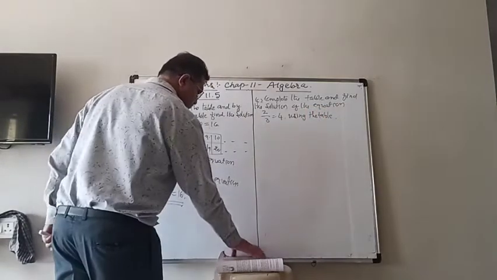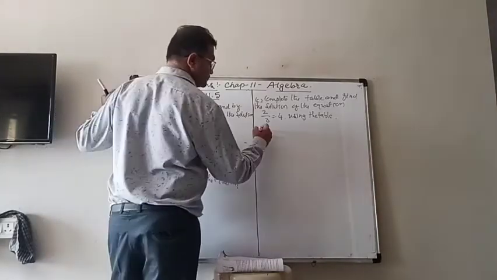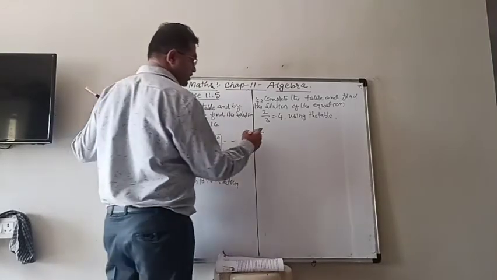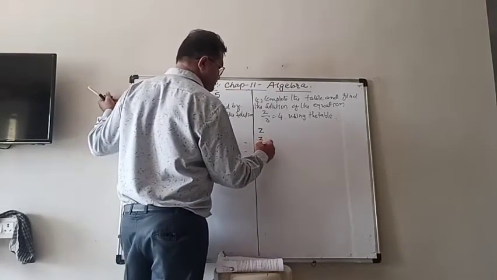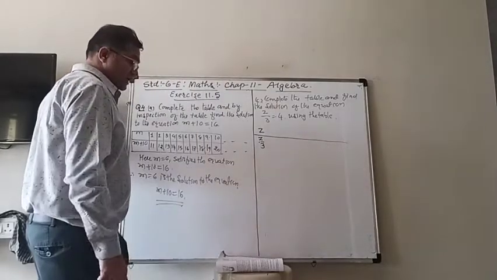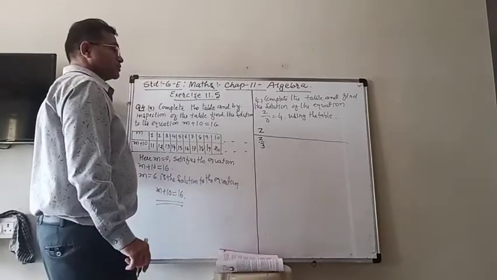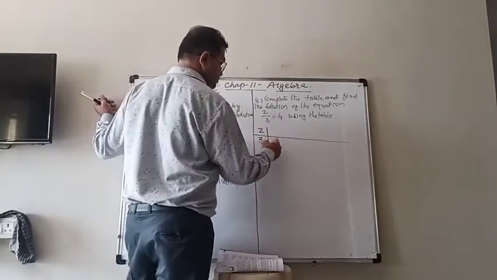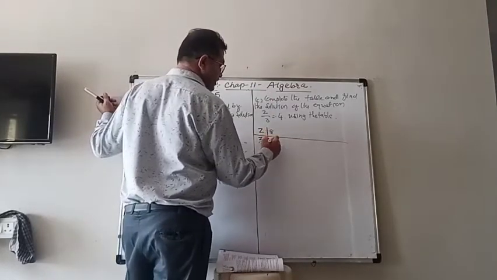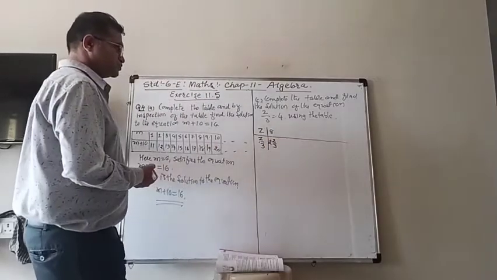So here also the values of z are given and we have to find the values of z upon 3. A few values are already given here. For the value 8, they have given 2 integer 2 by 3.